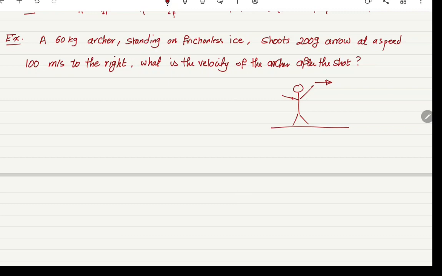Now momentum is conserved, which means P final equals P initial. M arrow V arrow initial plus M archer V archer initial equals M arrow V arrow final plus M archer V archer final.